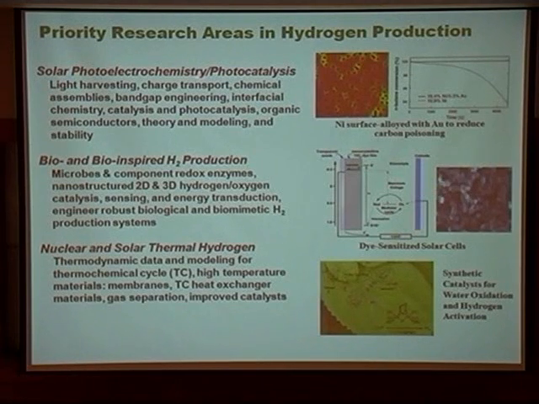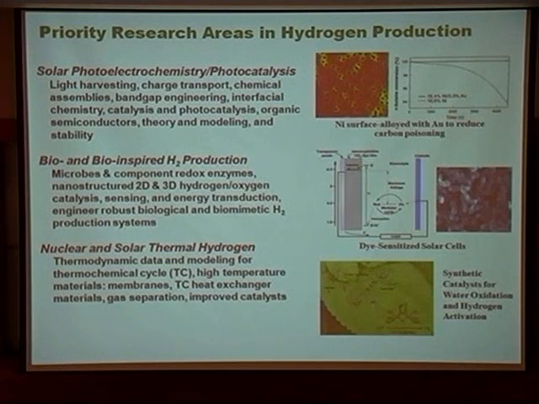Solar photoelectrochemistry and photocatalysis, to be able to harvest that energy from the sun, then use the hydrogen as a means of storing that energy when the sun's not shining, okay, so that you can power your house at night, etc. Looking at bio and bio-inspired hydrogen production, this is the Gratzel cell, which was a breakthrough. This is something that a lot of people are working on, where they actually have dye-sensitized solar cells so they can get a broader use of the solar spectrum.